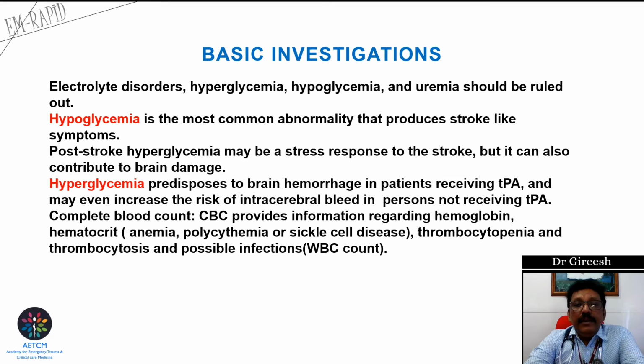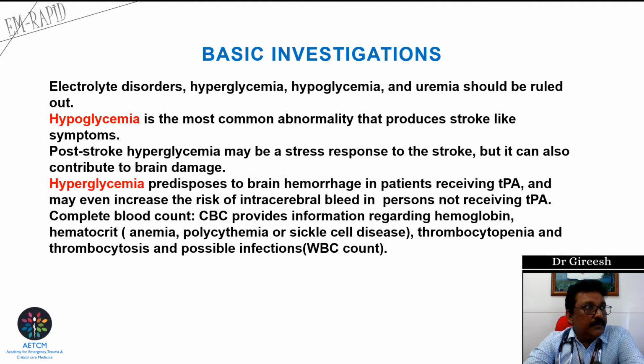Now, whenever we come across a stroke or stroke mimicker in the emergency room, we always do some basic investigations before treating the patient. The most important investigation in the emergency room, in any type of coma including stroke, is blood sugar. Both hypoglycemia and hyperglycemia can present as stroke.